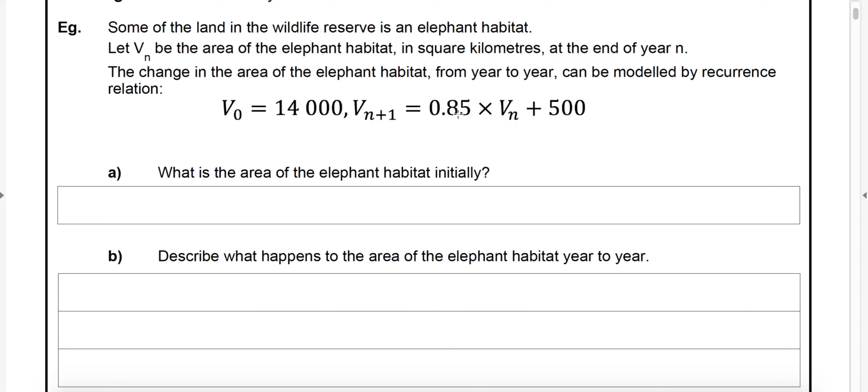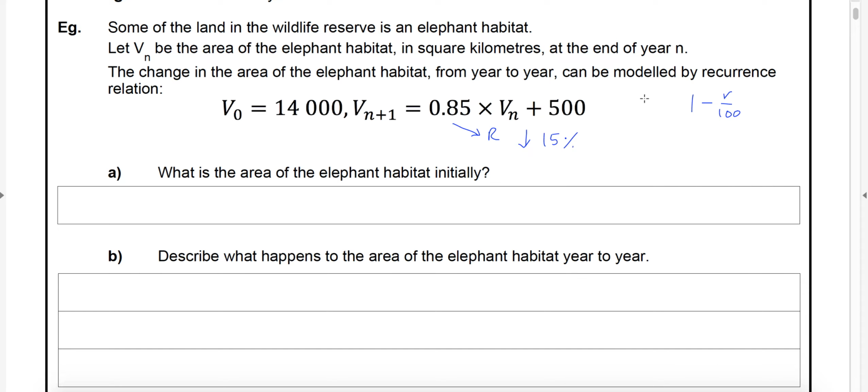This bit here, 0.85 times V_N, means that we're multiplying by less than 1. So it means that we're actually losing a bit of habitat to start off with. This here is our R value, and since it's 0.85, this represents a loss of 15%. The way I know that is I know that to get R, I do 1 minus the rate over 100.